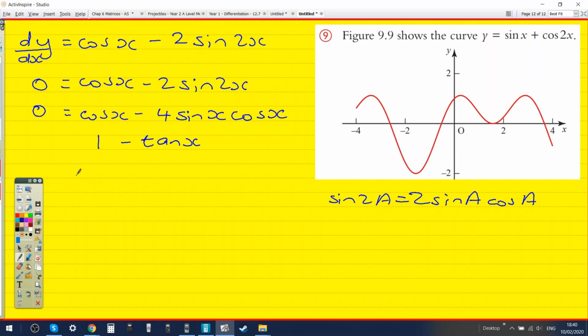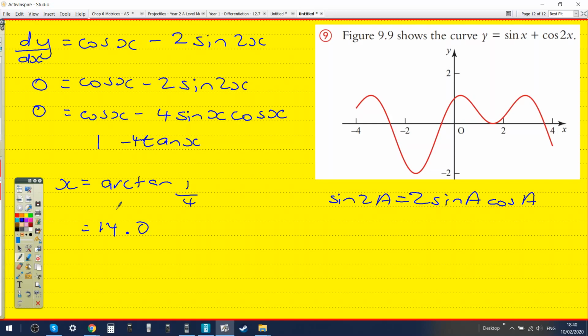So did you get inverse tan of a quarter? So x equals arc tan a quarter, which is 14.03. Okay, I'll just say 14.0. Sure.